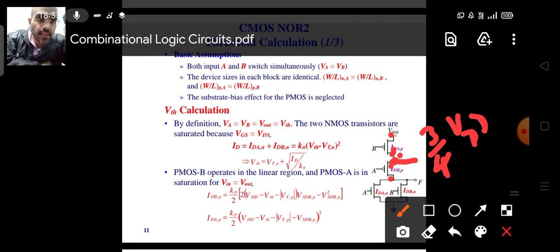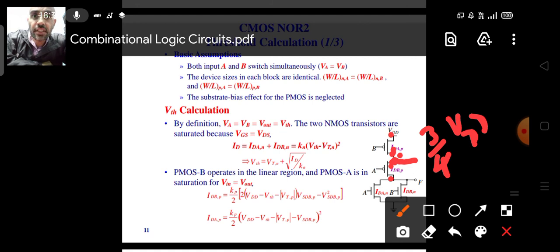This is your gate and your drain. Gate to drain we don't consider; we consider gate to source. The gate is connected to VDD and the source of this lower transistor is connected to 3/4 of VDD, okay.